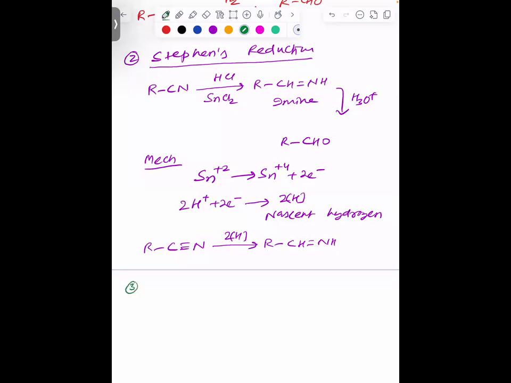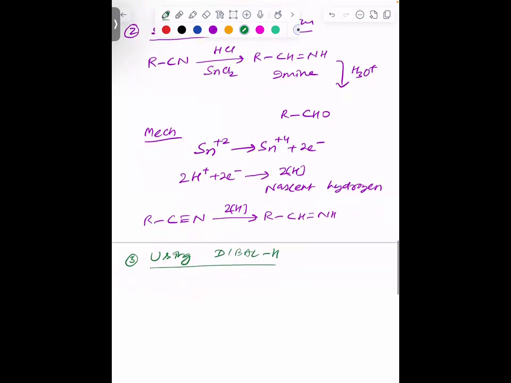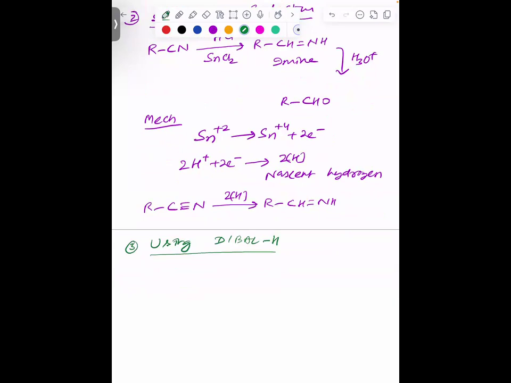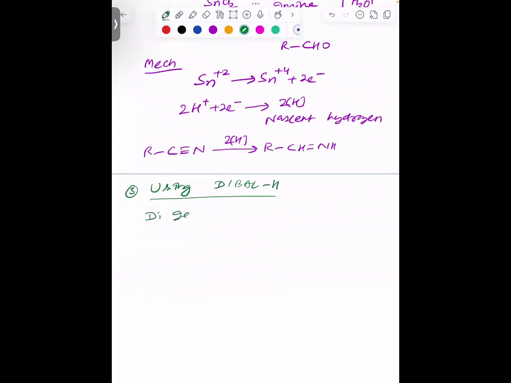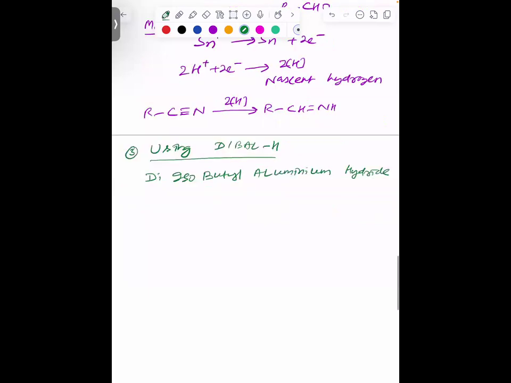Then next, using DIBAL-H. What is the full form of DIBAL-H? That is diisobutyl aluminum hydride.